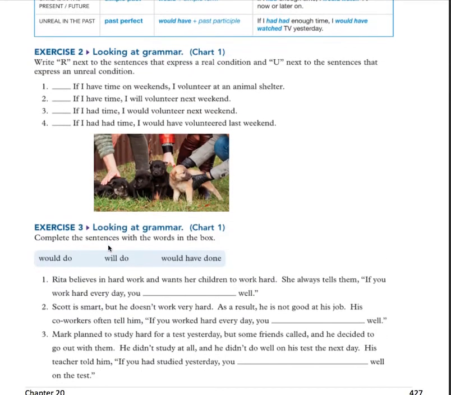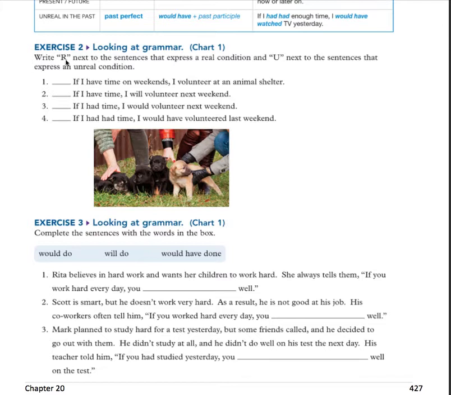Okay? On exercise 2 it says write R, which is real, next to the sentences that express a real condition, and U next to the sentences that express an unreal condition. Look at the verb forms in the if clause and the result clause to determine if it's real or unreal. Okay?